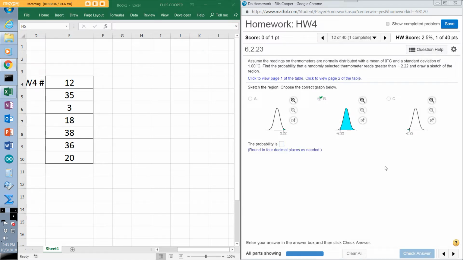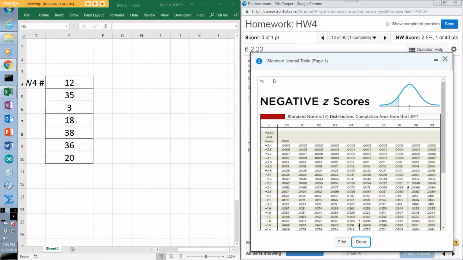Now comes an interesting thing. In the old days, no Excel, not even calculators, but some very diligent people calculated a table of all the probabilities that we need for this homework, and they put it in a table that looks like this. It's called a standard normal probability table. And let's just see if we can get an answer from this.